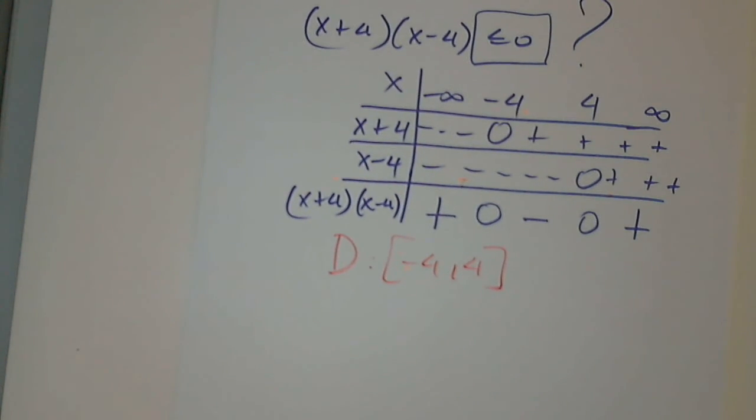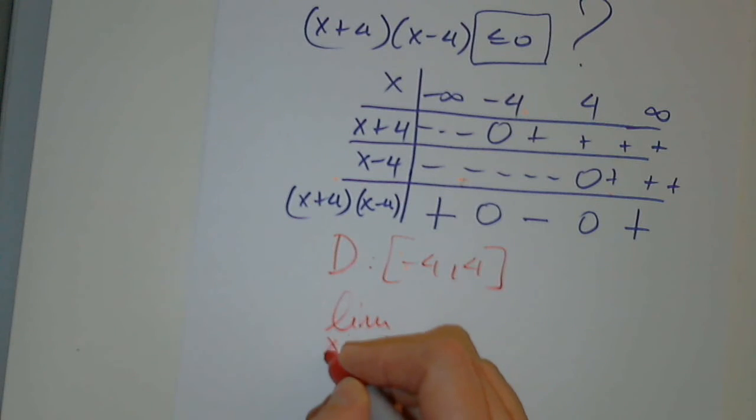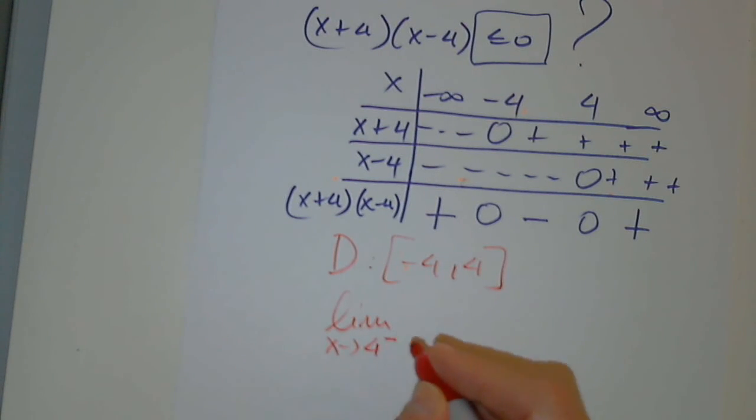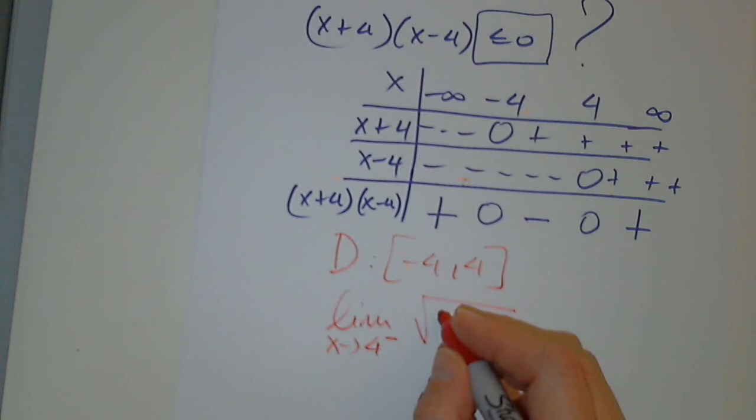Now I look at the limit. We were asked to find the limit as x approaches 4 from the left of this.